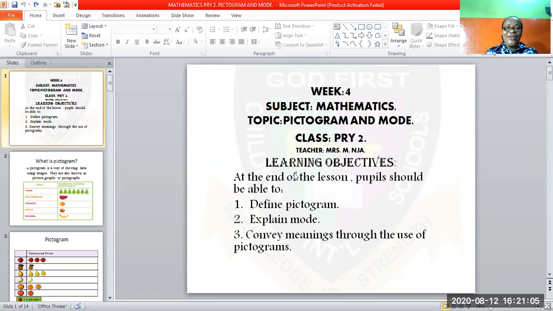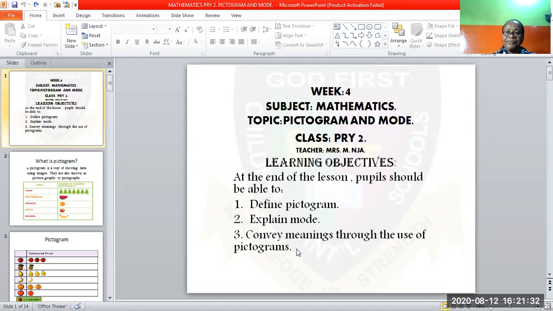And what is our learning objective? At the end of this lesson, every one of you should be able to define pictogram, explain mode, and understand how meanings are conveyed through the use of pictograms. Are we together?